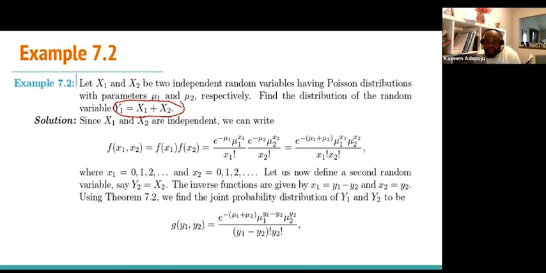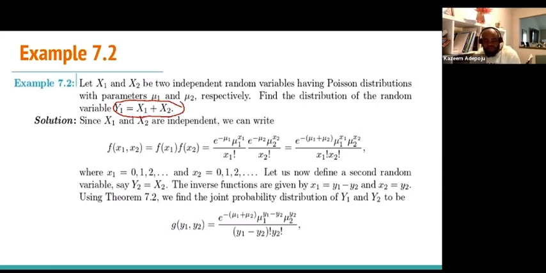You remember yesterday, we did something like this and approached it using the method of moment generating function. Since I know the moment generating function of the Poisson distribution, I can just apply it.